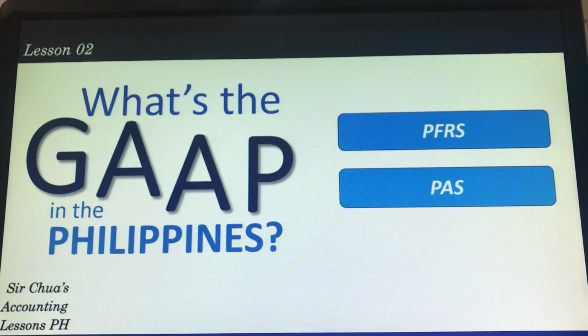Kasi pare-pareho sila ng manner of reporting na sinunod nila yung recording process na dapat ganito i-record yung inventory nila, yung cash nila dapat ganito nila ni-record, yung kanilang mga property, plant and equipment, yung kanilang mga fixed asset, ganito nila i-record. So, nakaka-achieve tayo ng consistency and comparability dahil sa generally accepted accounting principles.